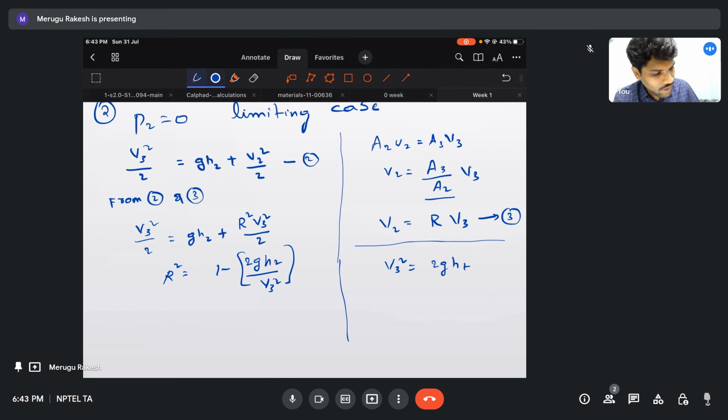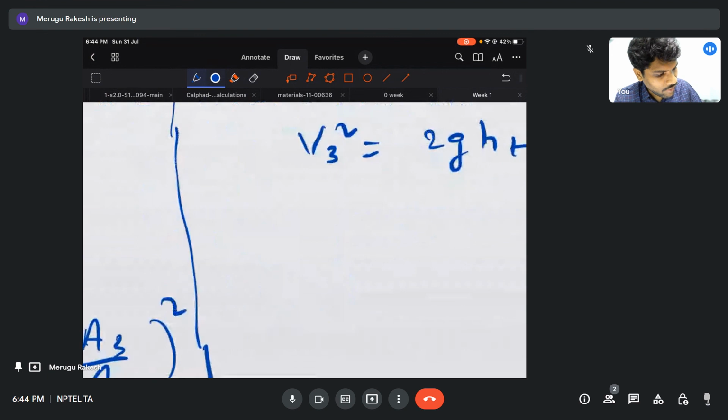So if you substitute that in here, we will get 1 by H2 by HT. R squared is equal to the ratio of A3 by A2, whole square.